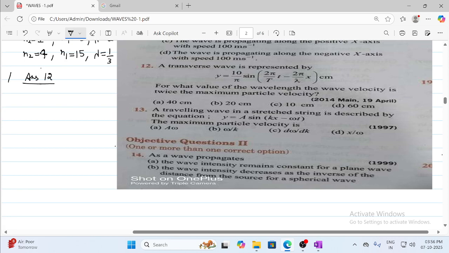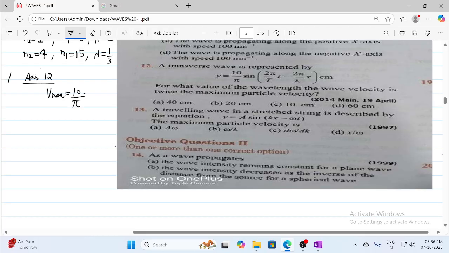They are saying the maximum particle velocity will be how much? A is 10 by pi, and omega will be 2 pi upon T. Just keep omega, so it will get cancelled.